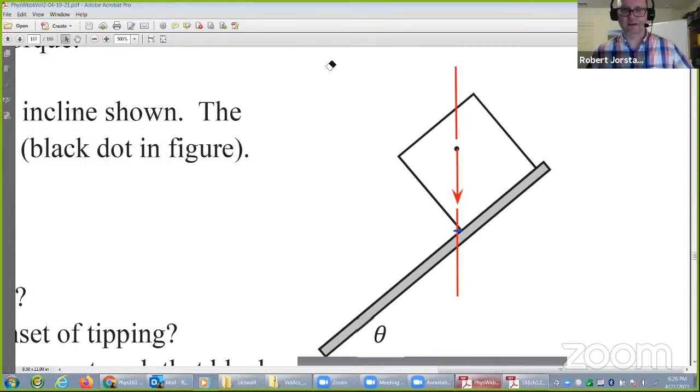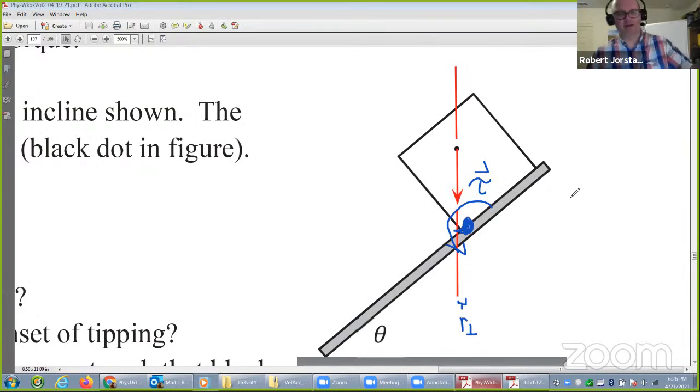Okay. So to be clear, if I could exaggerate this a little bit, there's a tiny lever arm this direction, R perpendicular. As soon as the line of action for the center of mass moves past this pivot point down here, you get a tiny lever arm, and there's a torque this way, and the thing tips over.